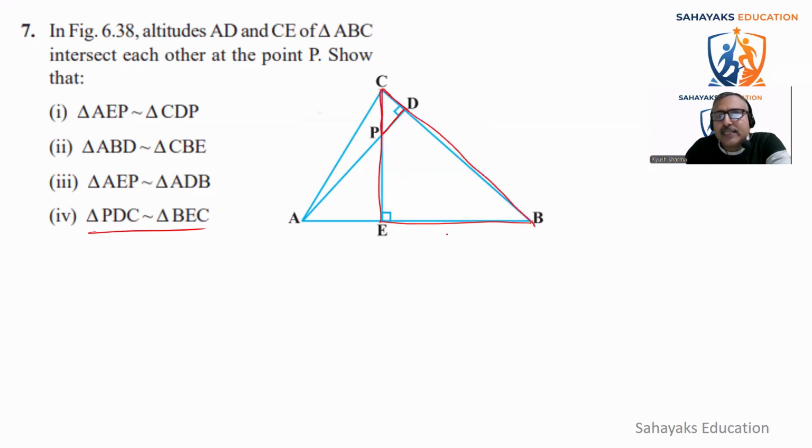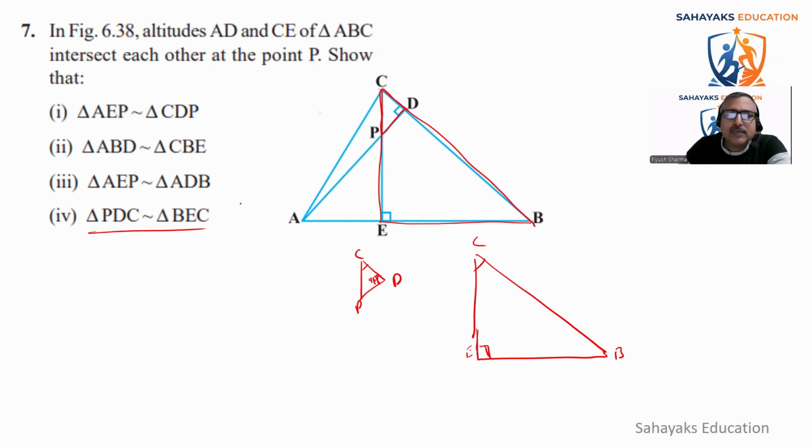If you look at these two triangles, I'll make the small triangle here, with this angle 90: C, P, D. And this is the bigger triangle, like this: B, E, and C. Now angle C is equal to angle C, angle E is equal to 90, and here angle D is equal to 90. So two angles are the same, so this is also similar by AA similarity. So all these triangles are similar, and it's pretty easy to prove because all are similar by AA similarity.